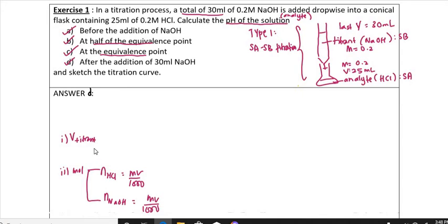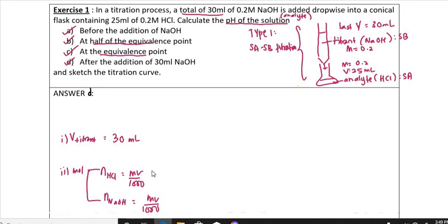That means your volume titrant after addition here is 30 ml. So no need to use MAVA or MVPB because it does not involve the equivalent point.